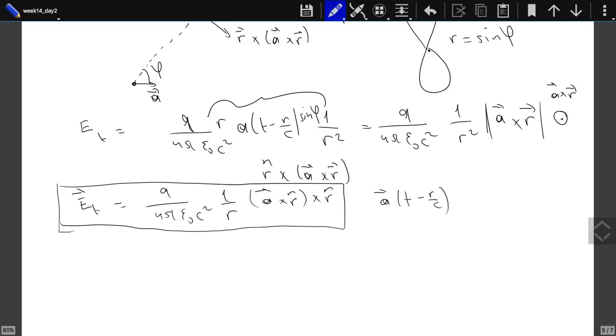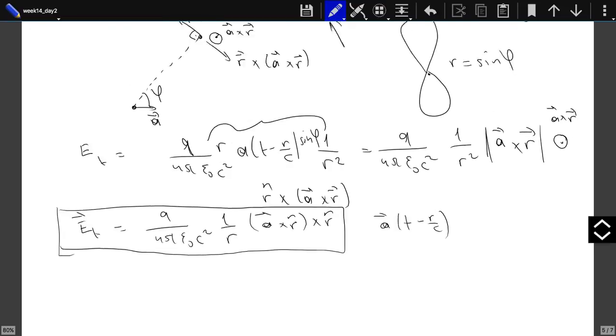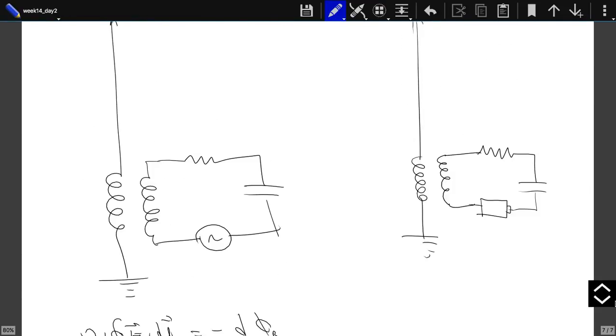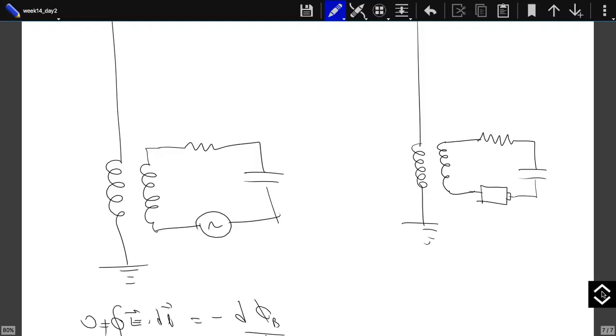Can an alternating source be anything but an LC circuit? The alternating source circuit. Okay. Can it be anything else other than an LC circuit?